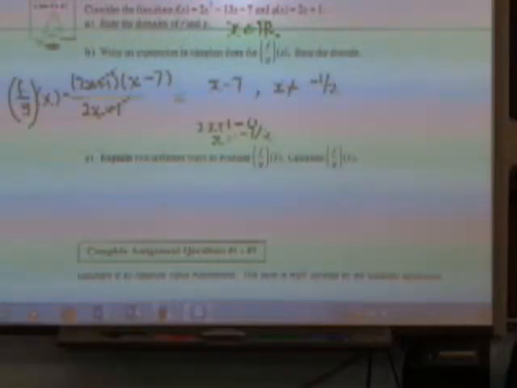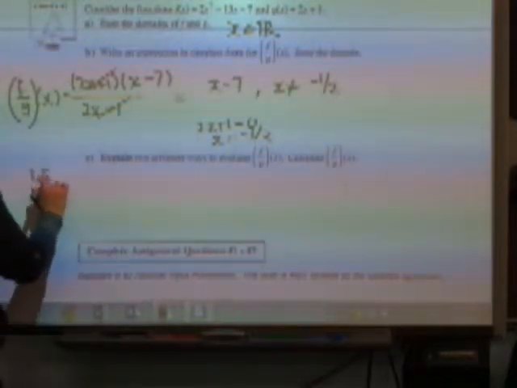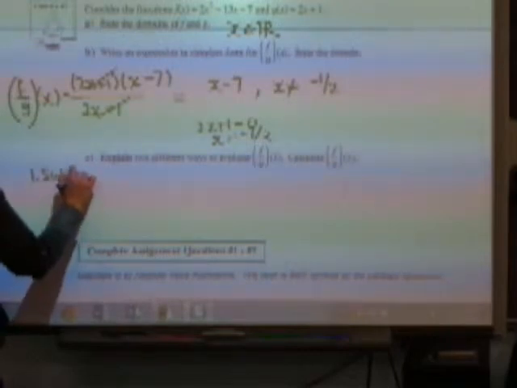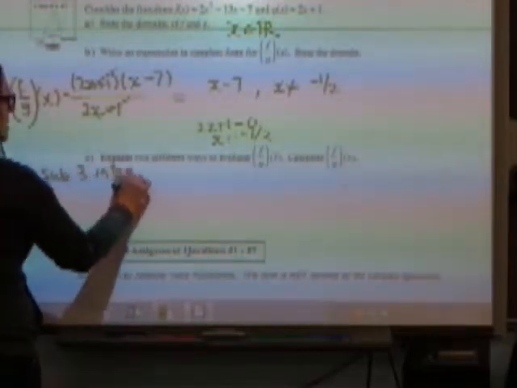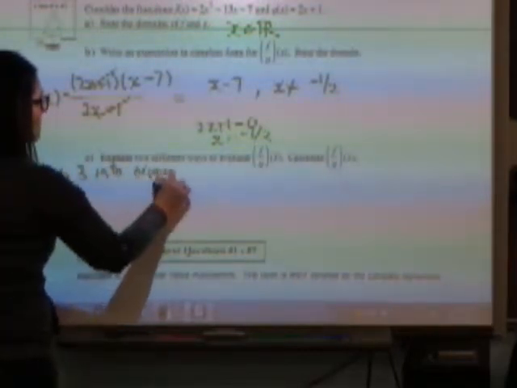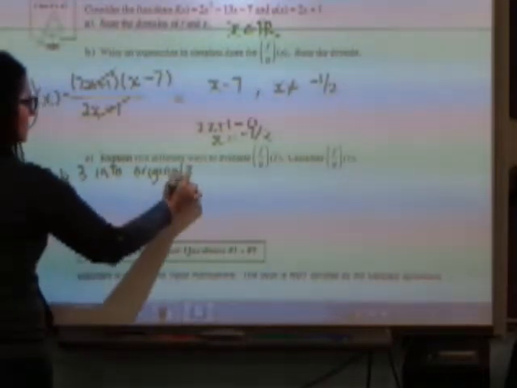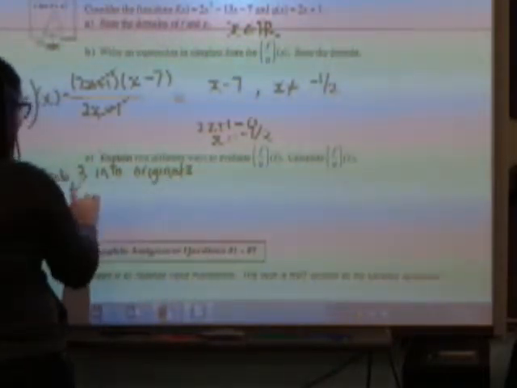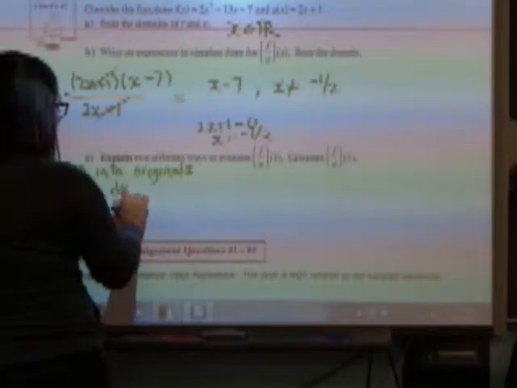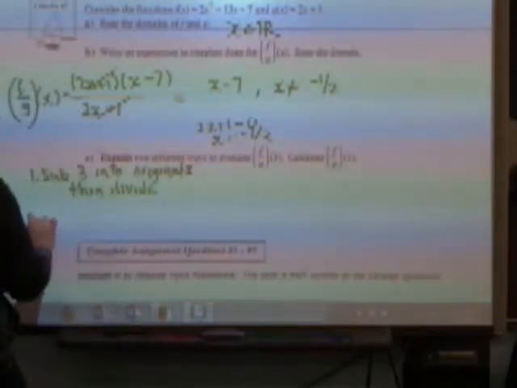What are two ways that I can evaluate this function? You could put in the 3 like before you cancel out a term. Okay, so I could substitute 3 into the original, then divide. What's the other way?